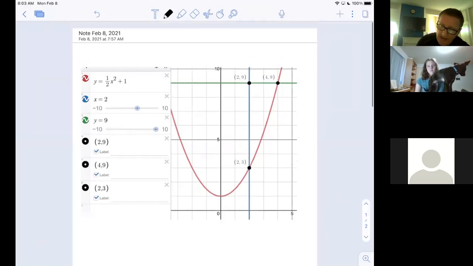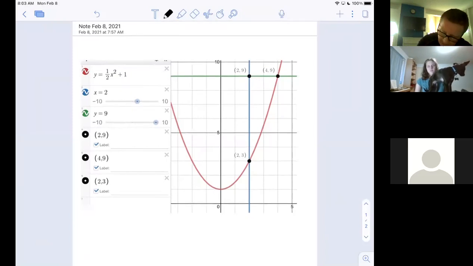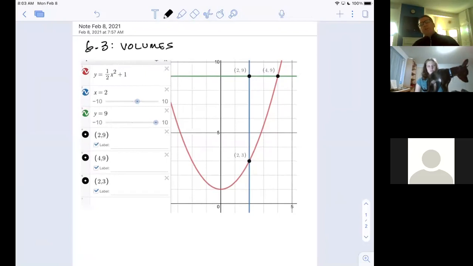So today we're in 6.3, where we will start to find actually volumes, which seems strange. How are we going to find volumes? To start with, I brought a parabola in, and I gave you 3 constraints for an area. In the previous section, you would have said something like, hey, what's the area of that shape over there?